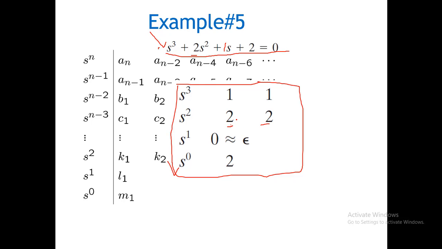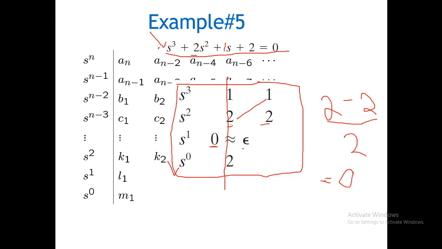When you solve this, 2 1s are 2 minus 2 1s are 2, divided by the lower term, 2. So this turns out to be 0 by 2, or 0. So you see that there is a 0 in the first column of the route array.